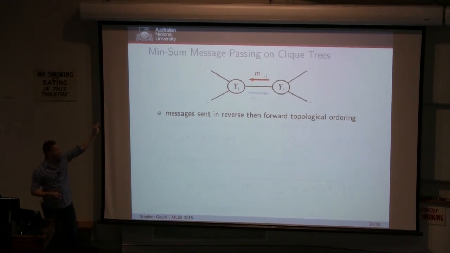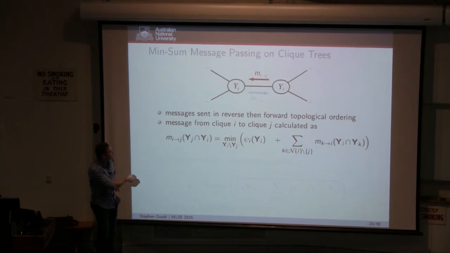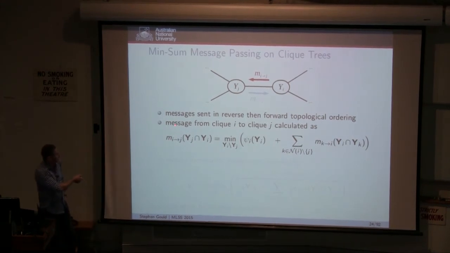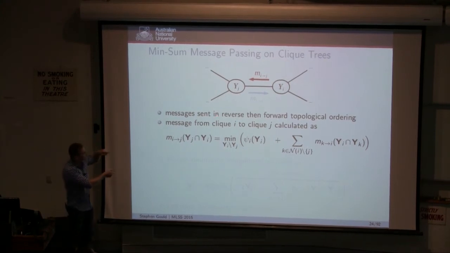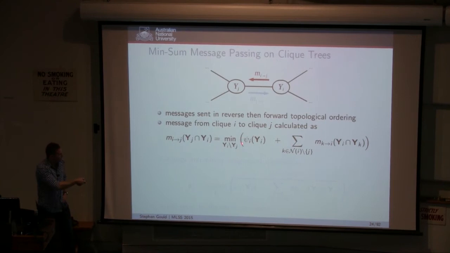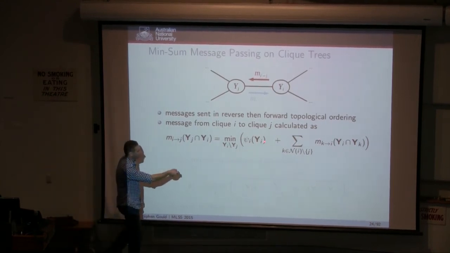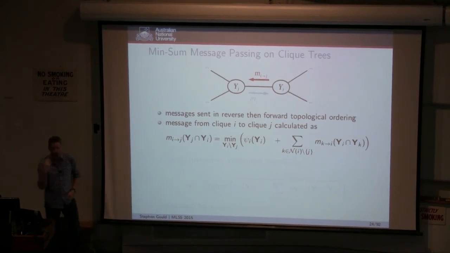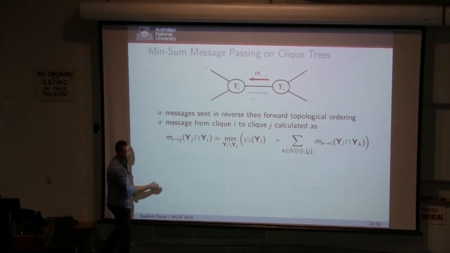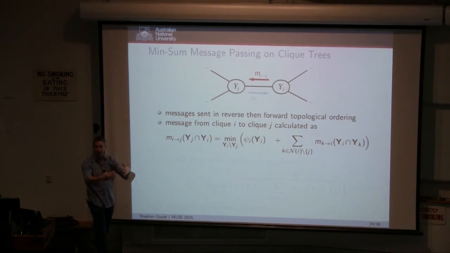So you sort your nodes in order, and then you start sending messages in the reverse order to your topological ordering from a clique I to its neighboring clique J, which is the exact calculation that I showed in the chain. So you take the clique for the particular node that you're sending the message from, you add to it all of the messages that have come into that node already, okay?